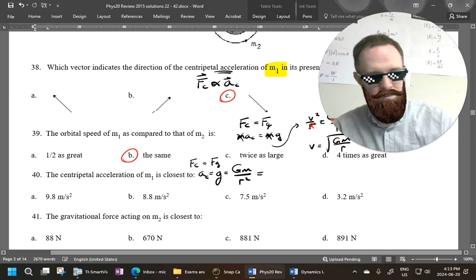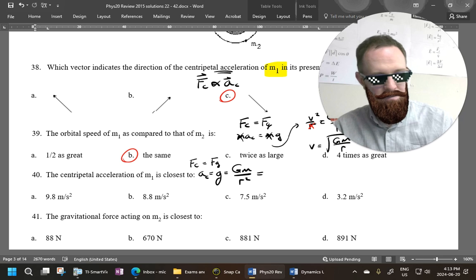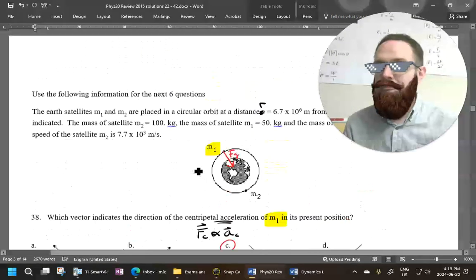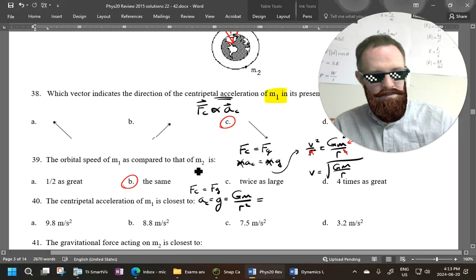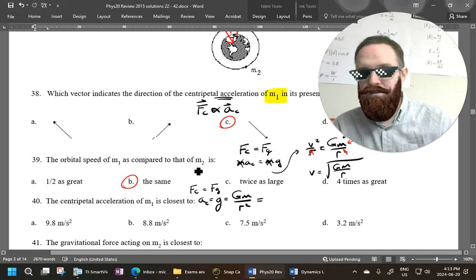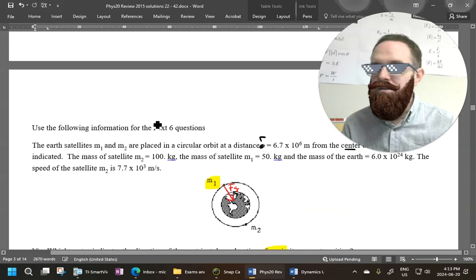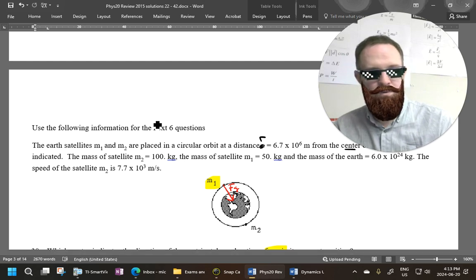G, 6.67 times 10 to the negative 11 times the mass of Earth. I'm going to use their mass because why not? 6 times 10 to the 24, and divided by the radius that they're using here. The radius of orbit here is 6.7 million, squared.